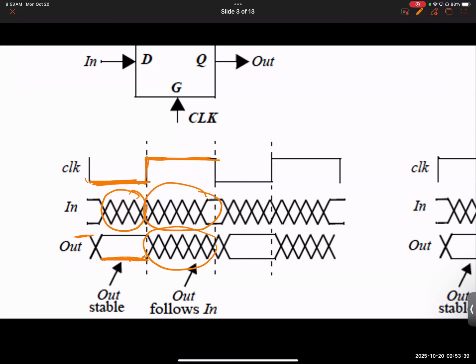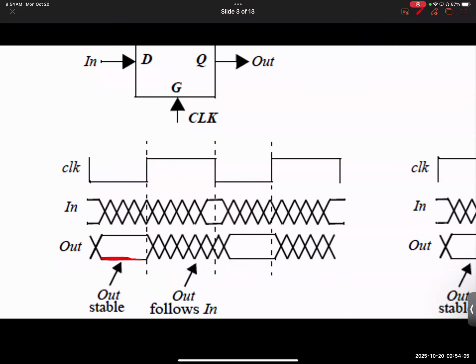And then again, once the clock goes back to 0, notice your output stops responding. And there is more to it. I'm not done yet, but does this make sense so far? Whenever the clock is activated, your input is connected to the output.